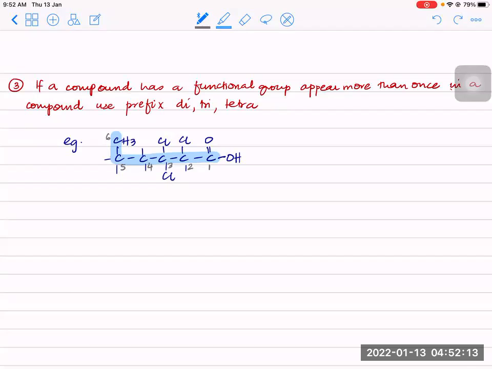So you have a chloro on carbon 2. You have two chloros on carbon number 3. So we will call this 2, comma 3, comma 3. Between two numbers, you put commas, sorry, not arrows, and between a letter and a number, you put a dash.